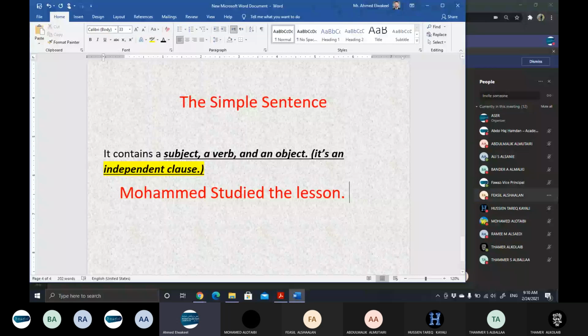The second type of sentence is called imperative. Imperative means to order, to give someone an order. Okay, can someone give me an order? Samir? Give me a sentence that identifies an order, a command.